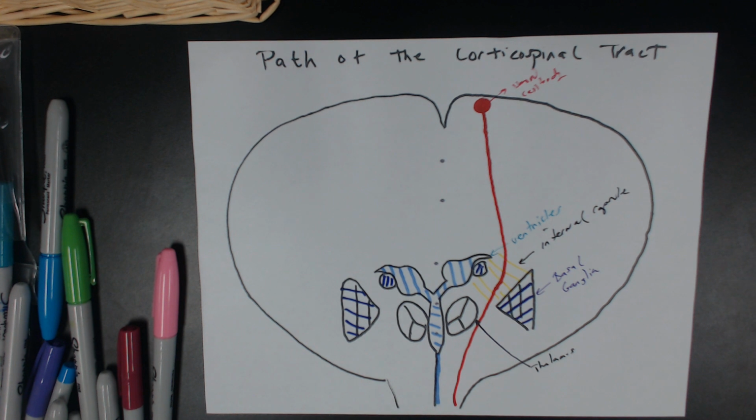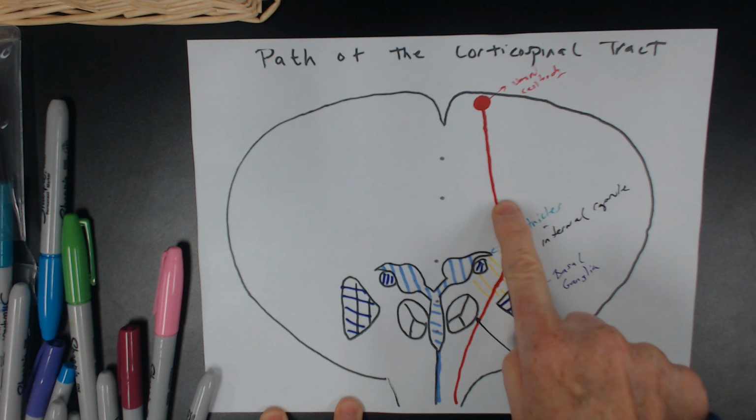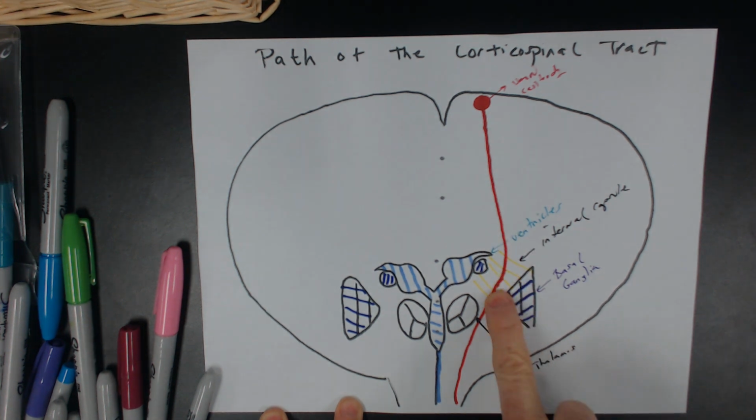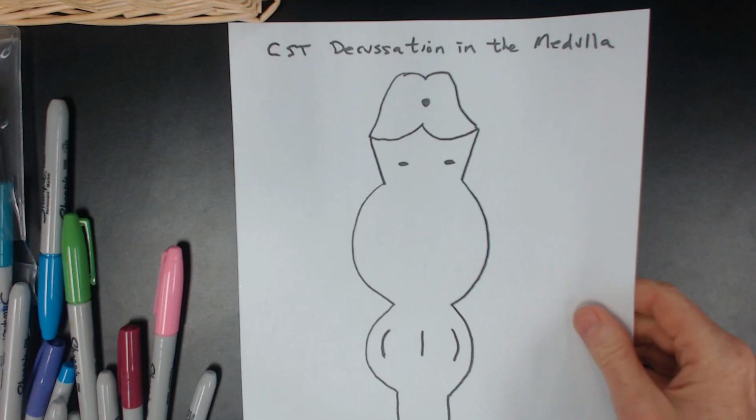Okay, so pretty straightforward. Nothing much new. This upper motor neuron cell body sends out axons. The new part is it travels through the internal capsule and then descends down to the level of the midbrain. And then we have the next picture, that is the corticospinal tract decussation in the medulla.